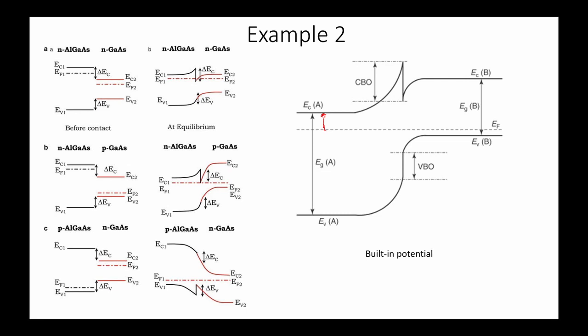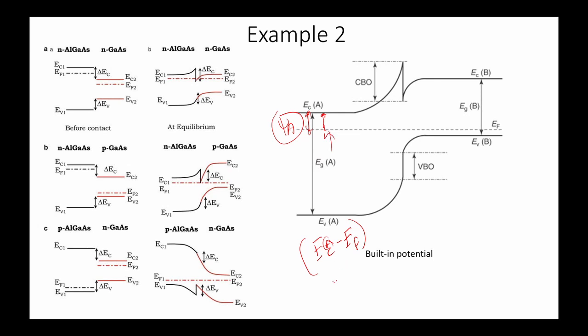EC A minus EF is this difference, which you can call psi a, and that can be calculated easily because of the doping parameters.